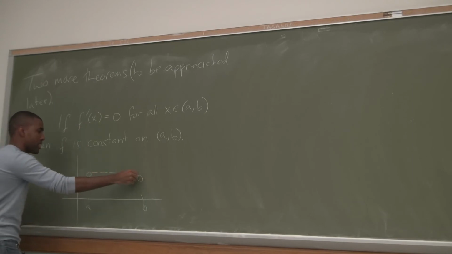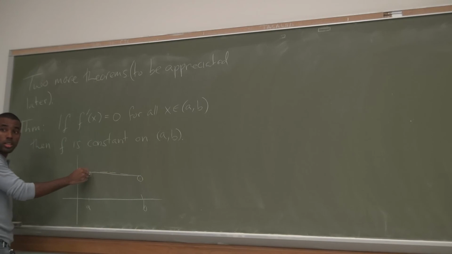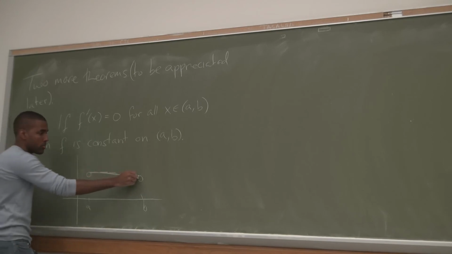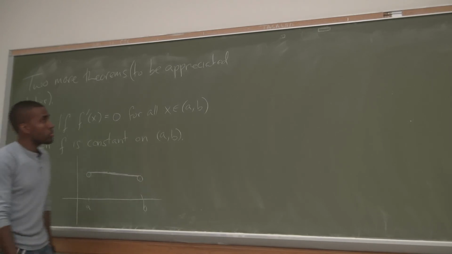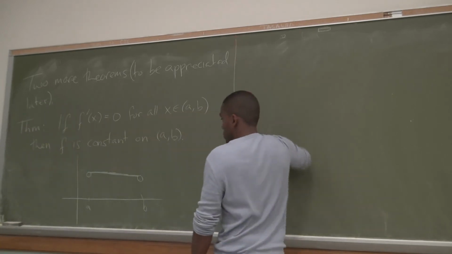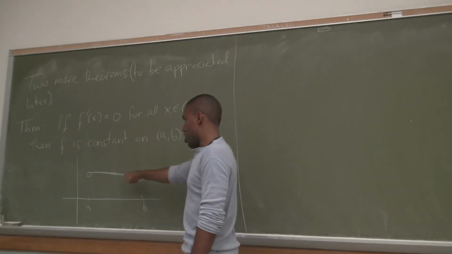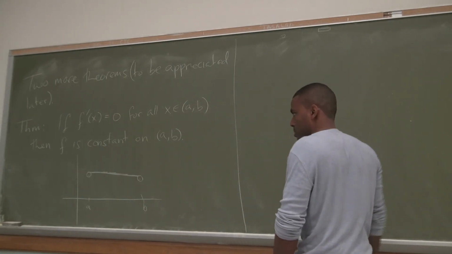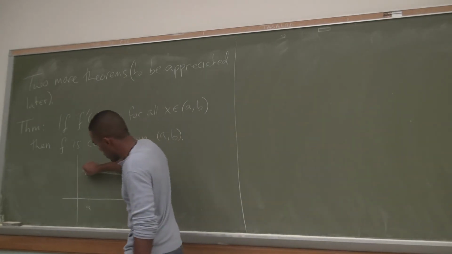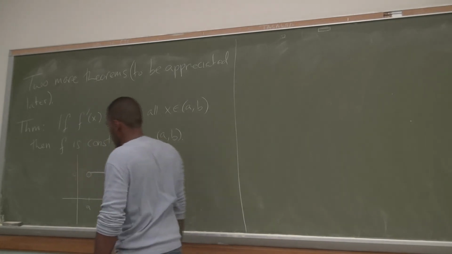What it really means is that the whole thing has to be a horizontal line. You have to be a constant function. That's the only way that you would end up with 0 derivative everywhere. It has to be flat. It has to be the same y value all the time. There's no other choice.